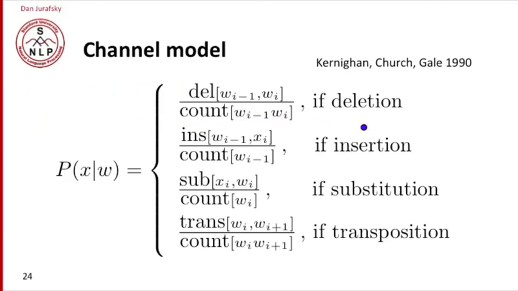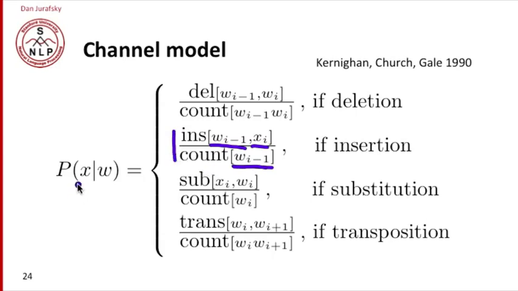So every time a particular previous letter happens, we look up in our insertion confusion matrix and we say, how often was xi inserted after a particular letter w sub i minus 1, and we divide by the number of times w sub i minus 1 occurred, and that's going to be the probability of a particular insertion happening in a word.